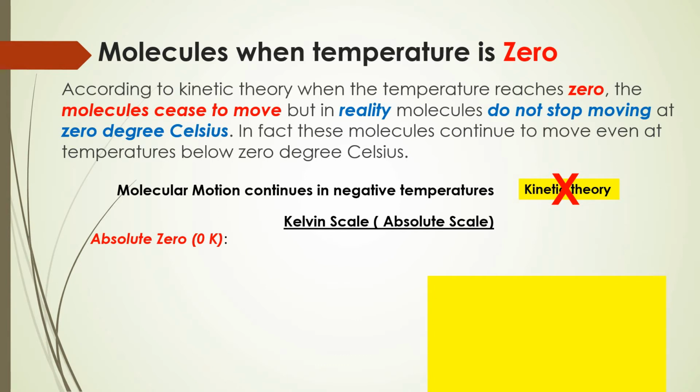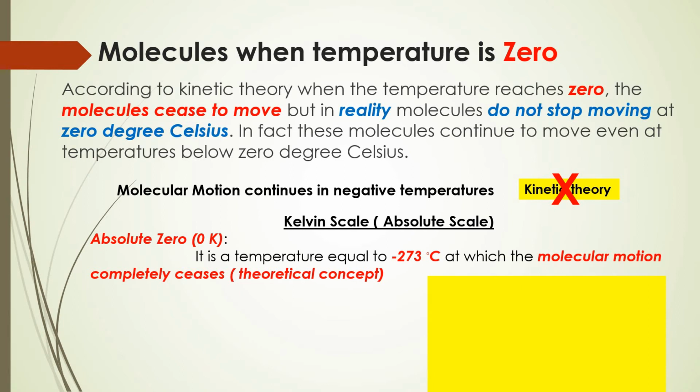The temperature at which the molecules stop their motion, they completely cease, is known as absolute zero, and it is equivalent to minus 273 degrees Celsius. So absolute zero is a temperature equal to minus 273 degrees Celsius, at which the molecular motion completely ceases.